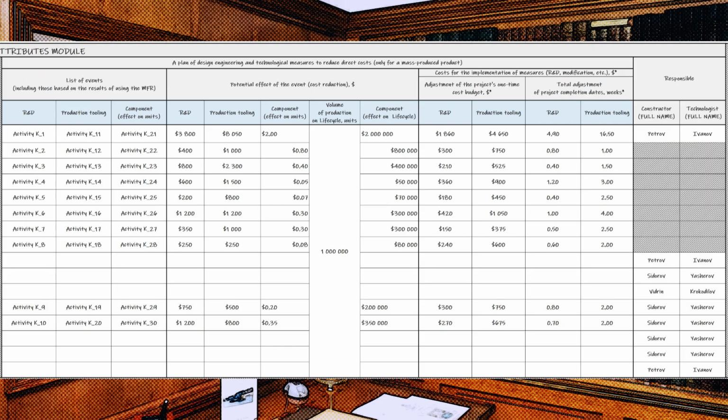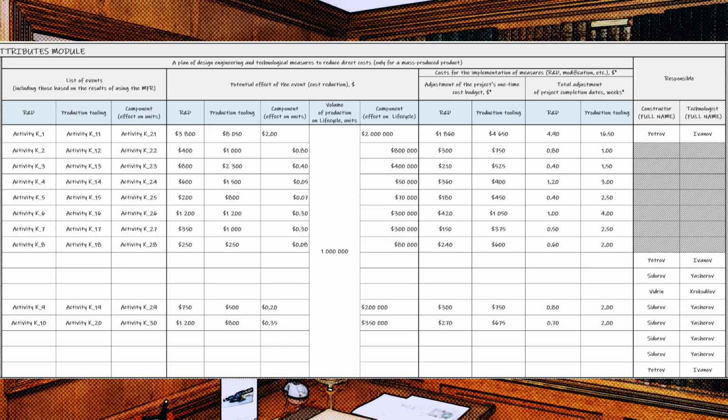Answer: this means that the total labor intensity of the project has increased by 16.5 weeks due to changes in design engineering documentation, but this doesn't mean that the project implementation dates have shifted by 16.5 weeks to the right, since the listed works can be performed in parallel. That is, there will be a shift to the right, but it is likely to be less than 16.5 weeks.